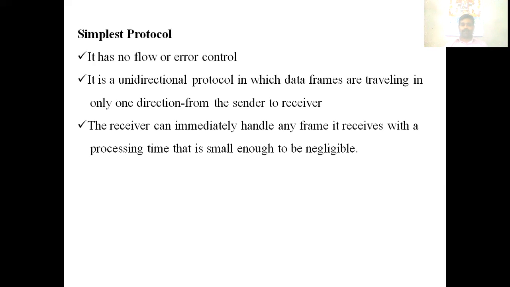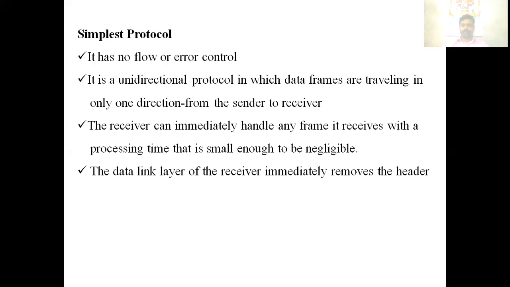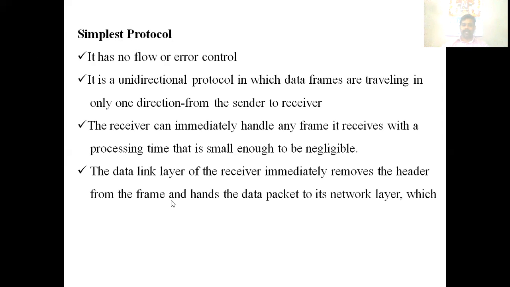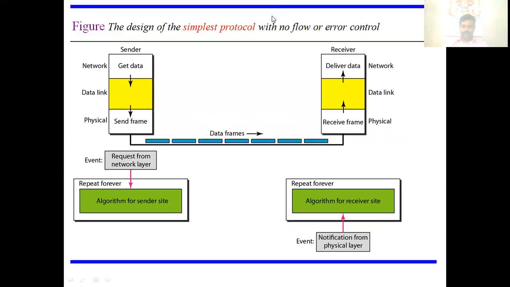The data link layer receiver immediately removes the header from the frame and hands the data packet to its network layer, which also accepts the packet immediately. So this is the simplest protocol.